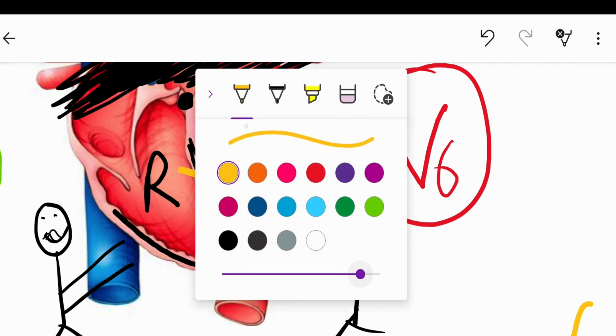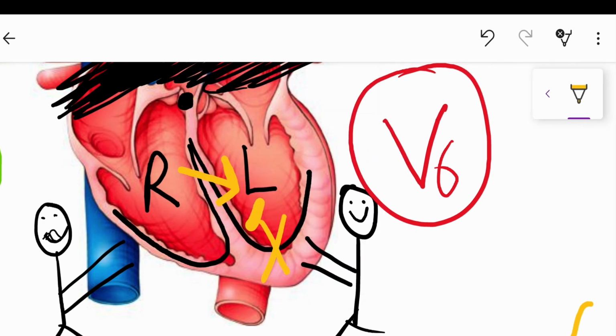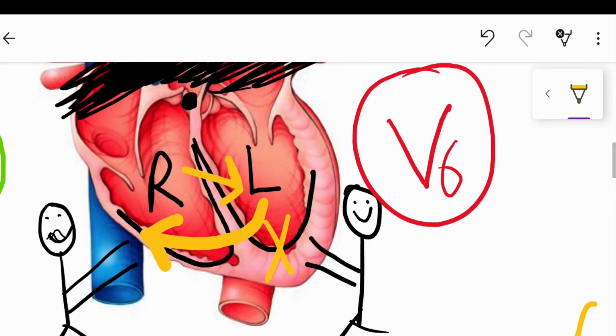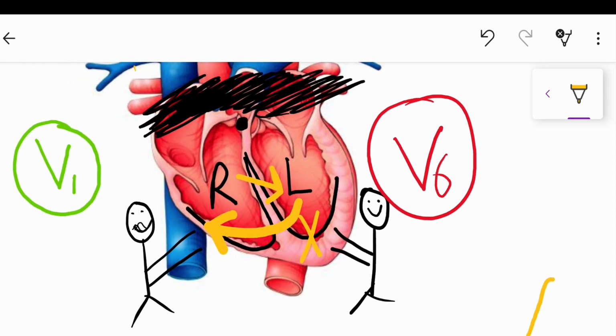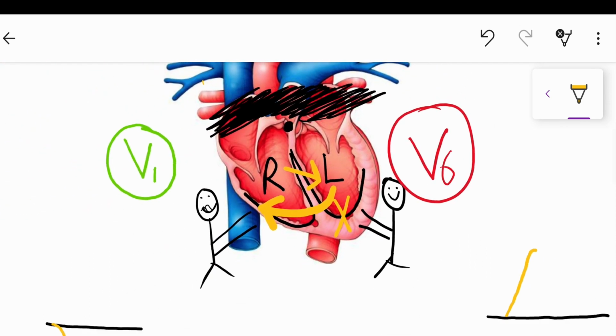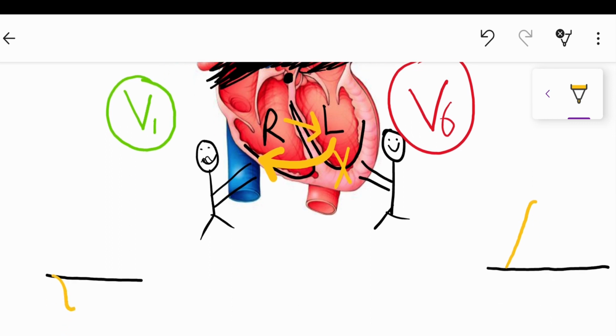Now the wave will go to the active side, which is the right side. So now V1 will have a positive deflection, V6 will have a negative deflection. It's going towards V1, it's going away from V6. The right ventricle will contract first. What's it going to look like on our wave here?